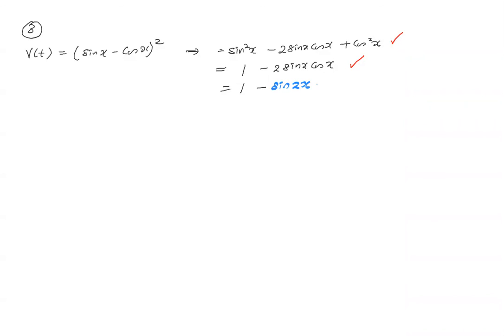Okay, now, then they ask you to sketch the graph for the first 2 pi. So that means, take out your calculator and start to sketch. I believe this time round you will be able to use your graphic calculator much better.